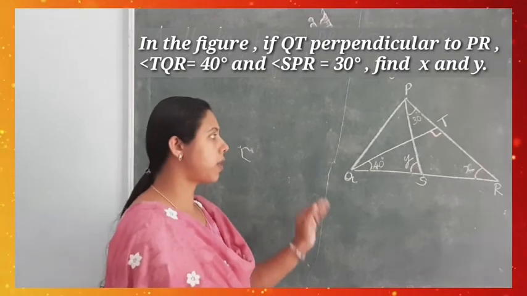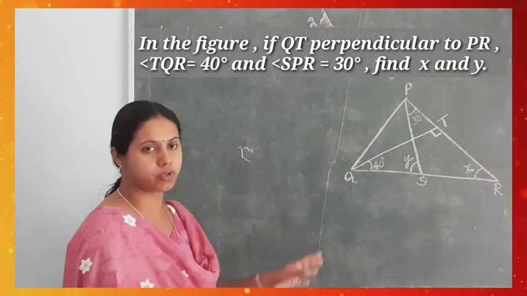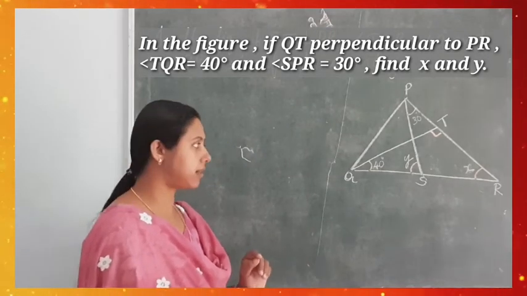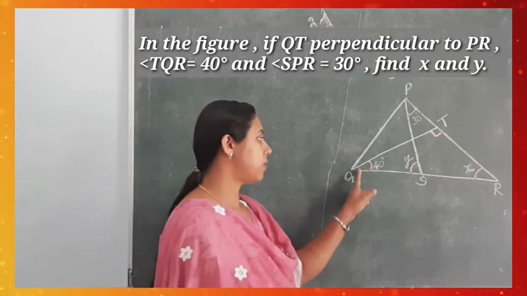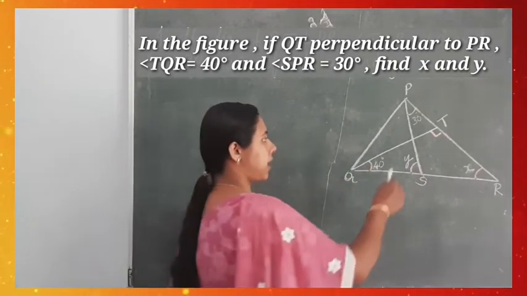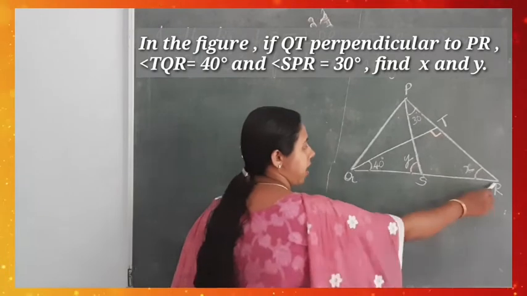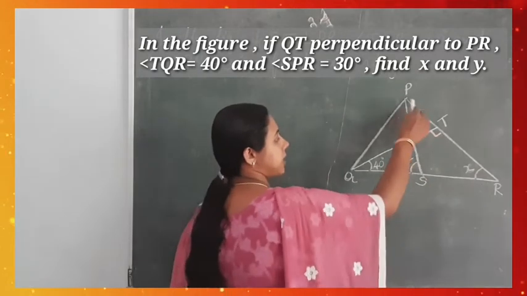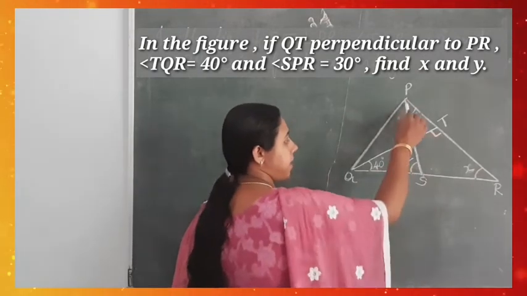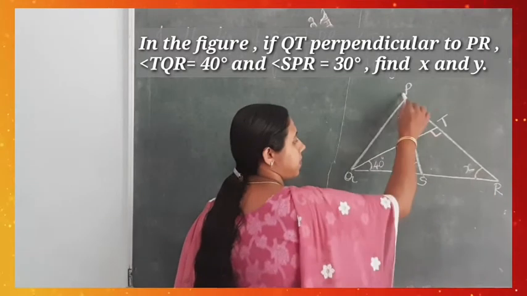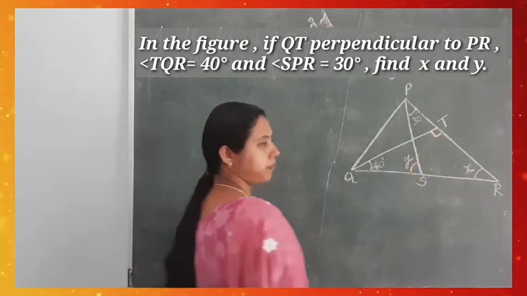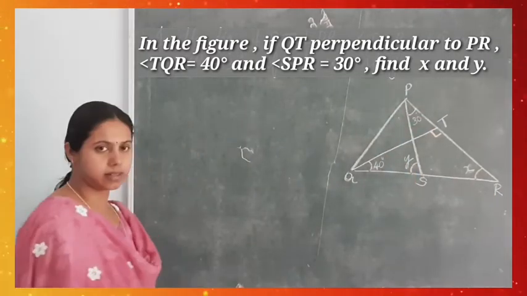First of all, you identify the triangles in the picture. How many triangles can you see there? Angle TQR is in the triangle TQR and angle SPR is in the triangle PSR. Observe these two triangles.